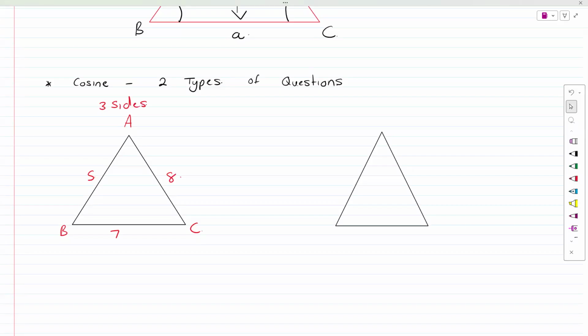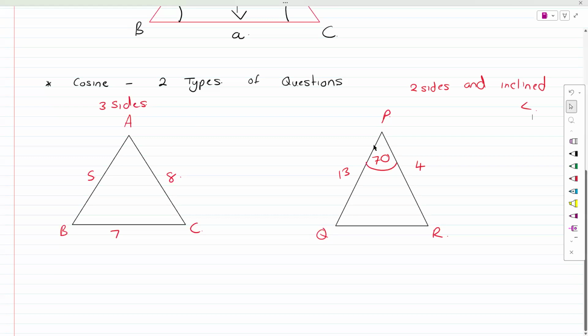But cosine also works when, let's go again, let's put this P, Q, R, and let's put this as 70, and 13 and 4. Cosine also only works when we have two sides and an included angle, which means I have an angle stuck in between two sides.